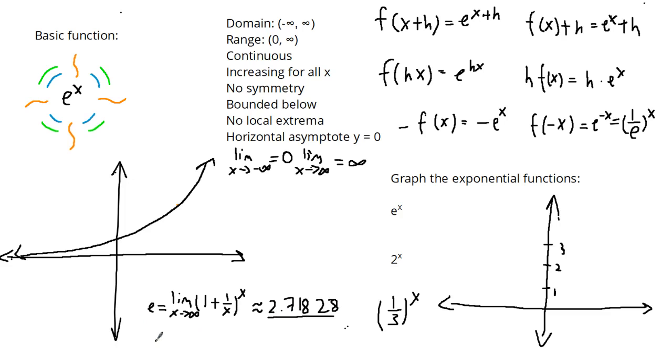So if you have $400 and it's compounding continuously at 100% interest, at the end of the year you'll have 400 times e dollars, which is a high increase in money, right?